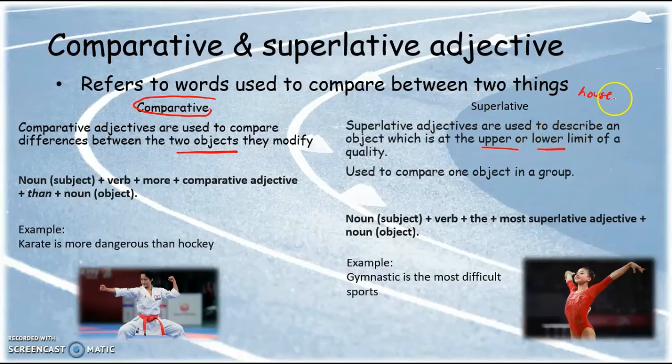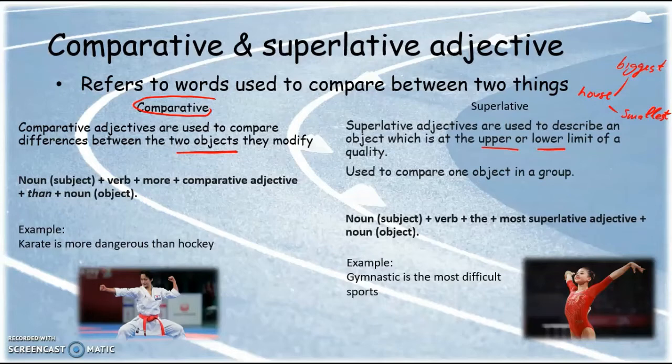The upper limit of a house is perhaps the biggest house, while the lower limit of the quality is probably the smallest house. So that is what it means by upper and lower limit of a quality of the noun.